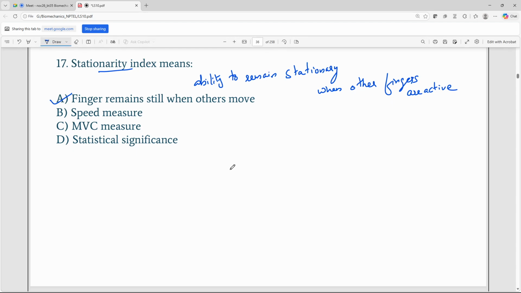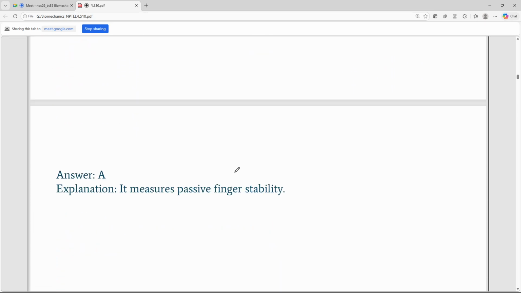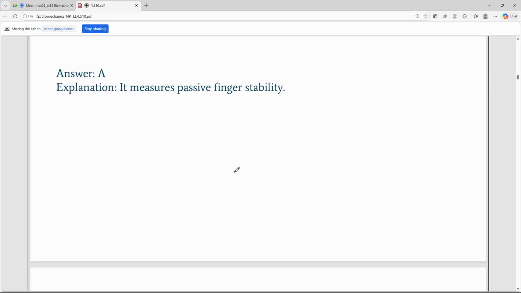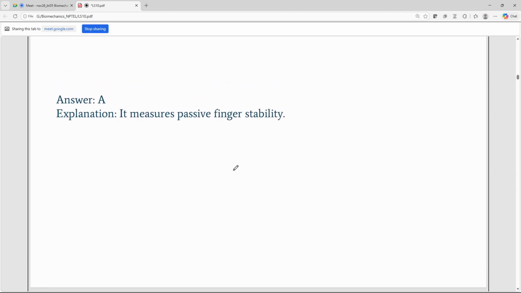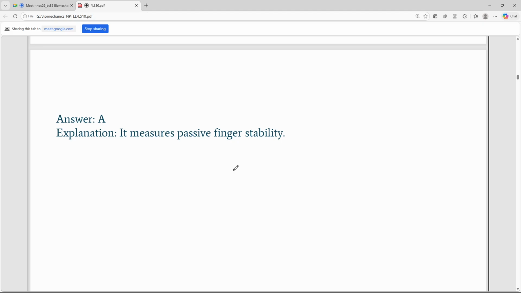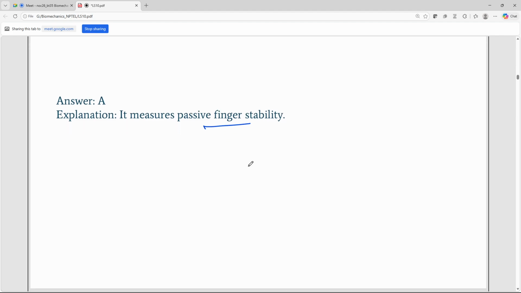The answer is option A. The stationarity index measures the passive finger stability.